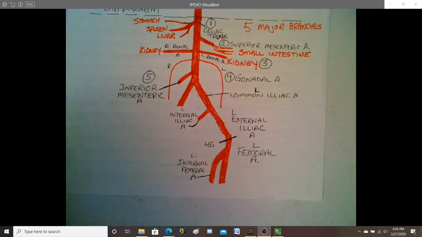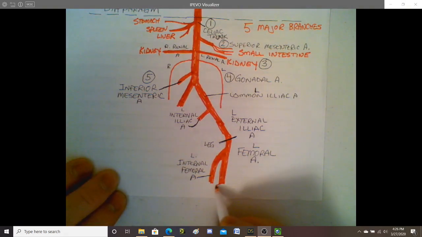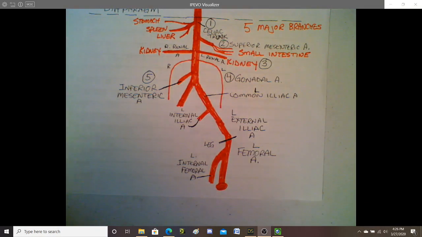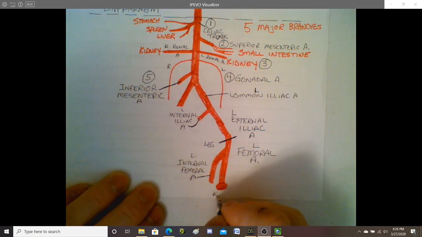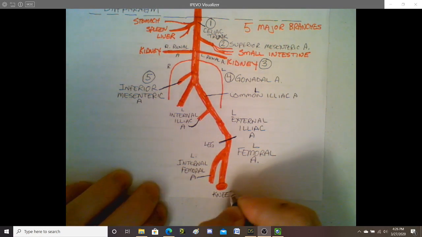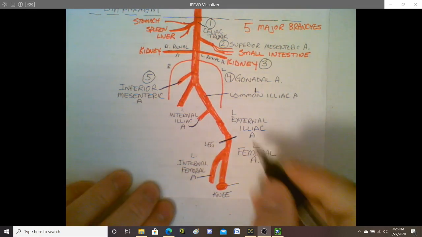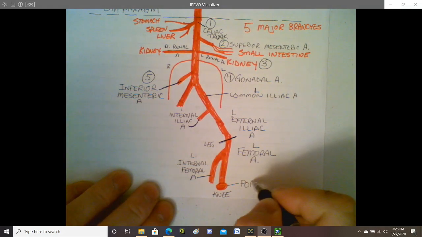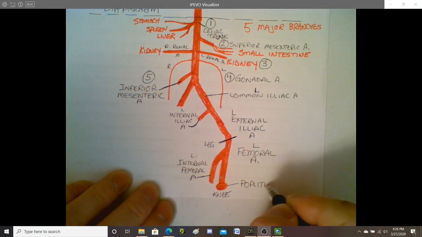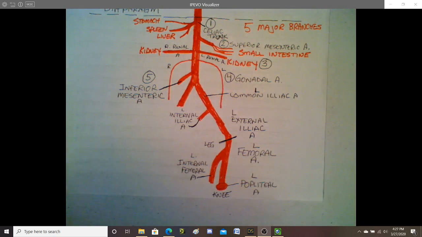Now, finally, when this gets to our knee, so I'll label this knee. It turns into what's called the popliteal artery. So this is the left.